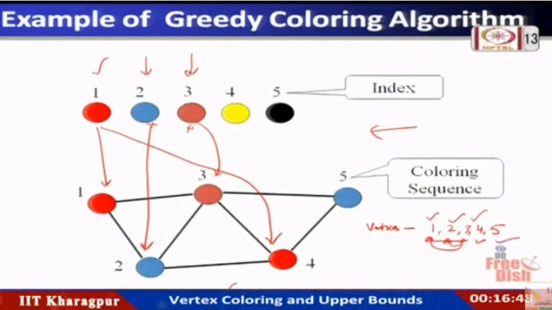Finally, we have to come to 5. Vertex number 5, its neighbors are 3 and 4. Let us see what colors 3 and 4 are assigned. So 3 and 4 are assigned this color and this color. So the smallest index color which is not used by the neighbors of 5 is 2. So 2 will be assigned here. So this becomes a greedy coloring algorithm.